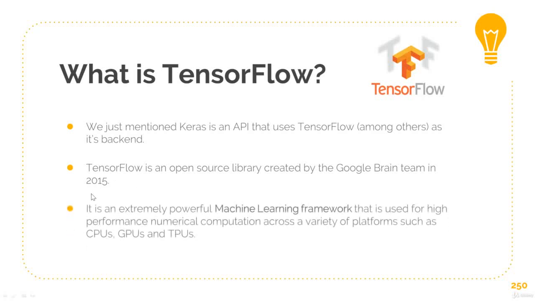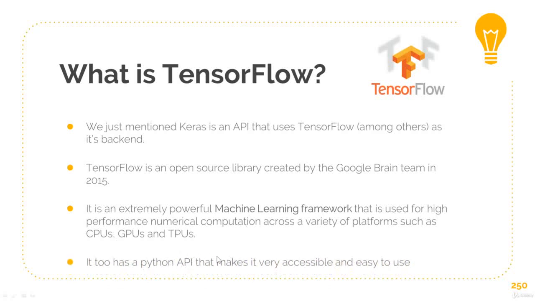It's an extremely powerful, extremely efficient and fast machine learning framework that is used for high performance numerical computation across a variety of platforms such as CPUs, GPUs, and TPUs. These guys at Google Brain developed this super fast library similar to NumPy, but built around deep learning. So they have all these deep learning functions that are part of the TensorFlow framework.